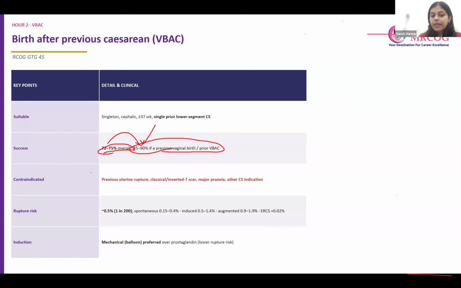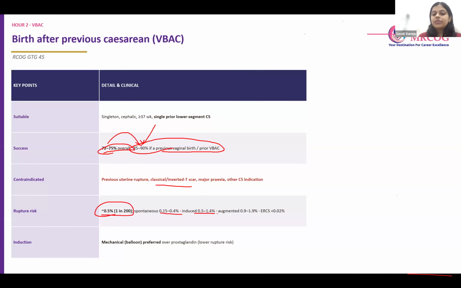When is VBAC contraindicated? Previous uterine rupture, classical or inverted T-scar, major previa, or any other indication already there for cesarean section; counsel her not to go for VBAC. What is the rupture risk? This again is a very important number. Approximately 1 in 200, that is 0.5%. Spontaneous, 0.15 to 0.4%.